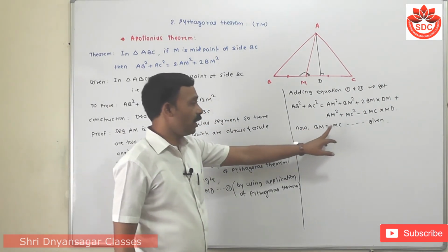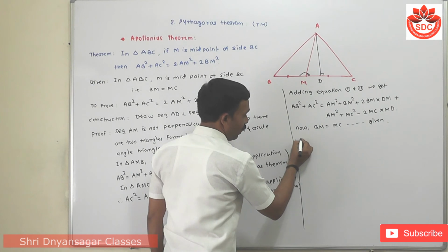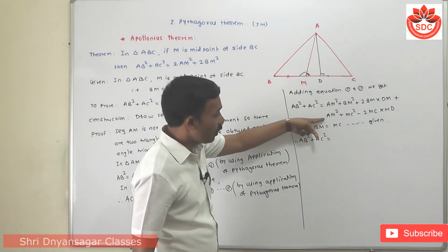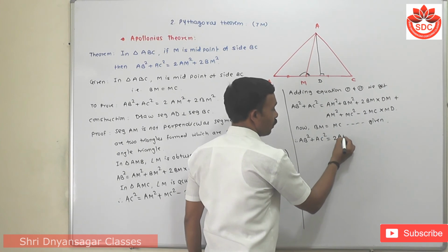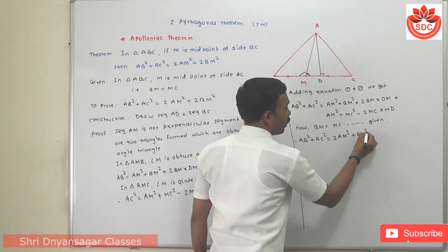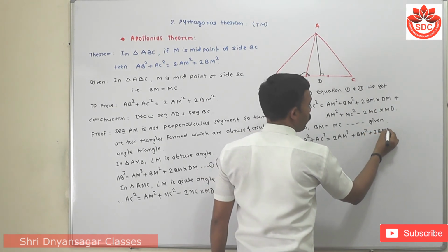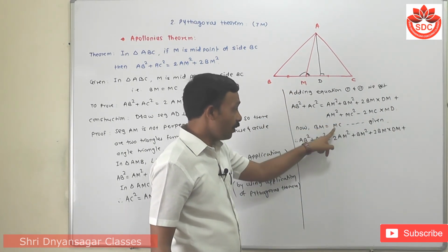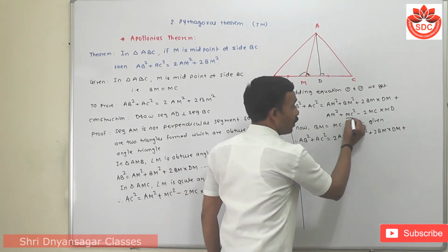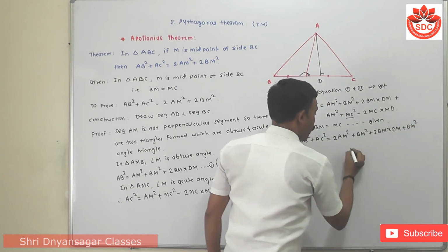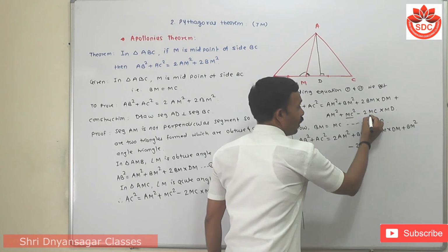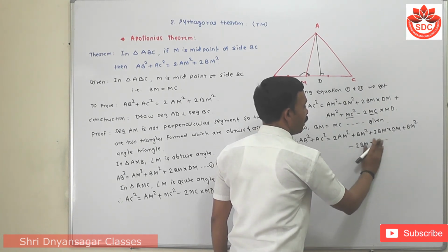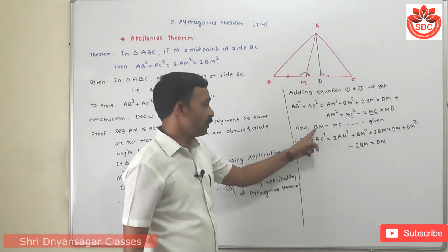Then we write AB square plus AC square is equal to AM square plus AM square, which is twice AM square, then BM square as it is, plus twice BM into DM as it is, plus BM square, substituting MC as BM, minus twice BM into DM. Okay, this is by using this equation.